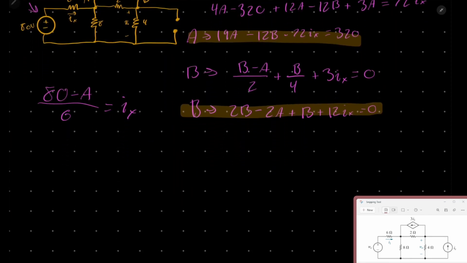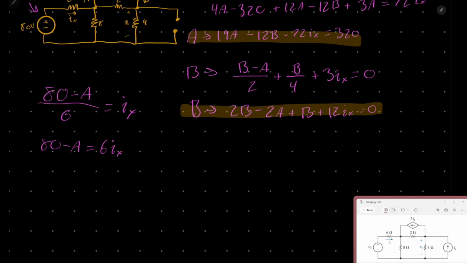And then to make this an equation that we can put into our matrix, we will get all the unknown variables on the left side. So we'll just multiply both sides by 6. So we'll get 80 minus a equals 6ix.